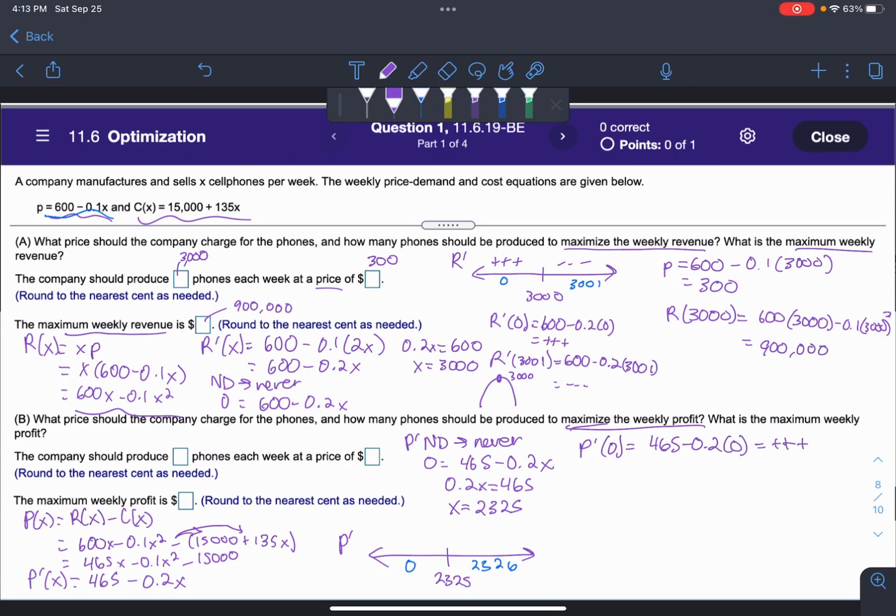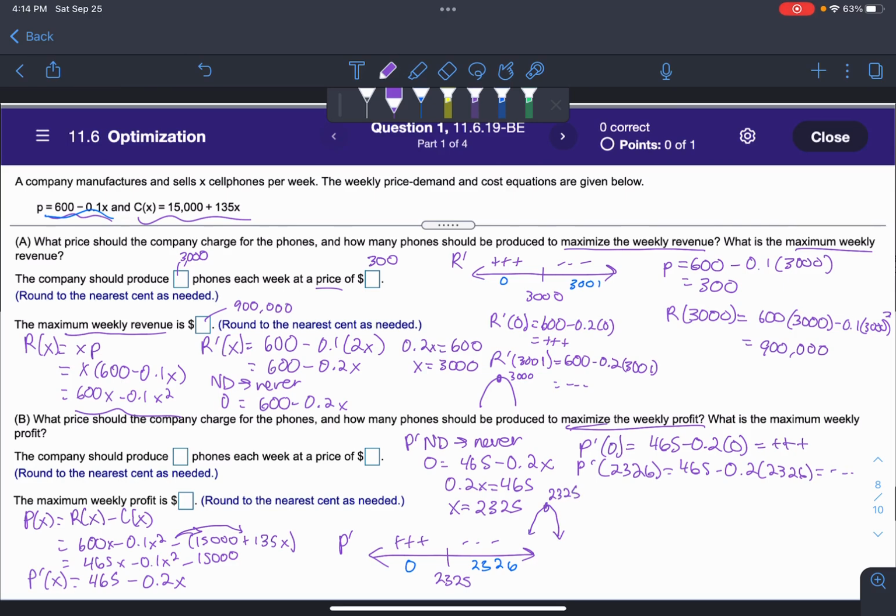And then if we plug in 2326, you can verify on your calculator again, but this will definitely give me a negative number. And so we have increasing before, decreasing after. So 2325 is a maxima.